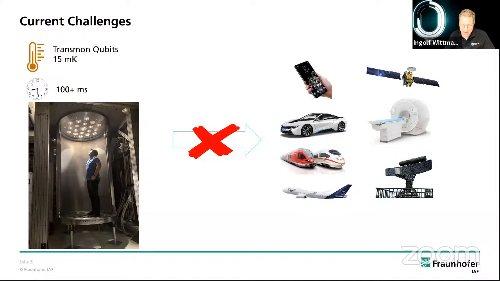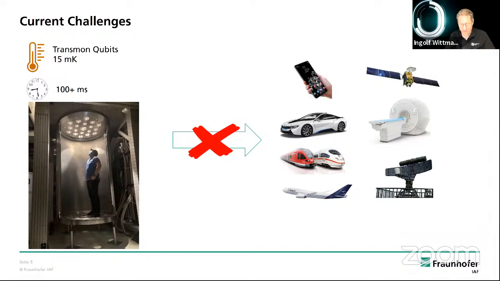And when we are thinking about how to integrate quantum technologies on the right side, this is quite interesting. You can really think about any type of industry where you can find an area where mobile quantum computing can help, can improve, or even make solutions available which are actually not possible.